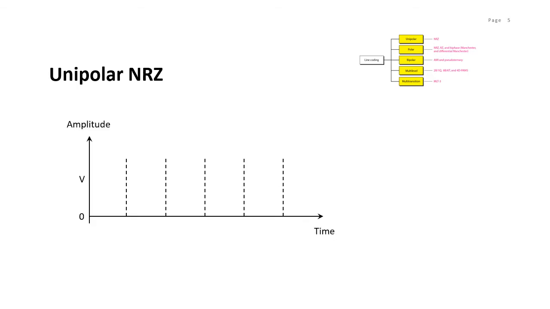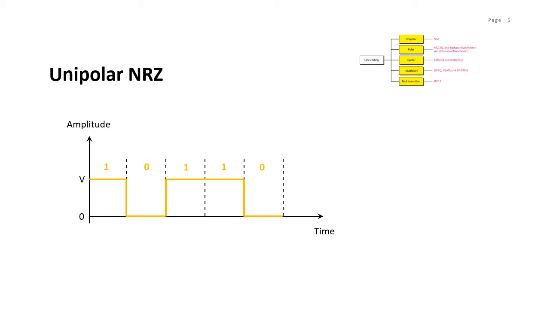In a unipolar scheme, all the signal levels are on one side of the time axis, either above or below, but typically we will have it above. So the unipolar scheme was designed as a non-return to zero scheme. What does it mean by that? It means that the positive voltage is defined by bit 1 and the zero voltage defined by bit 0, and it does not return to 0 in the middle of the bit, as you would see in other line coding after this.